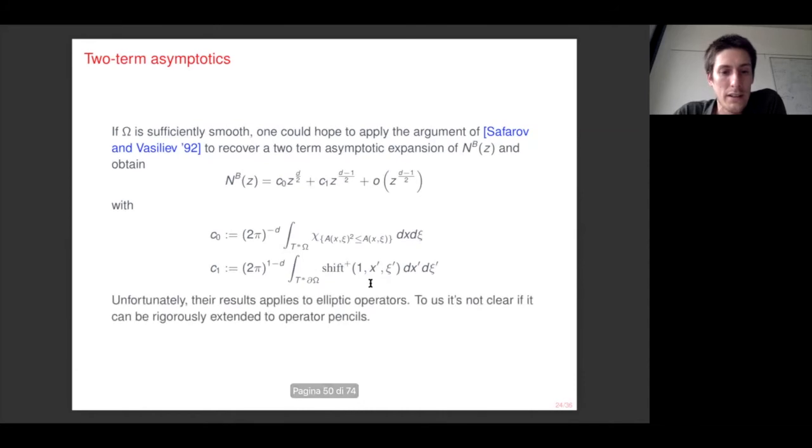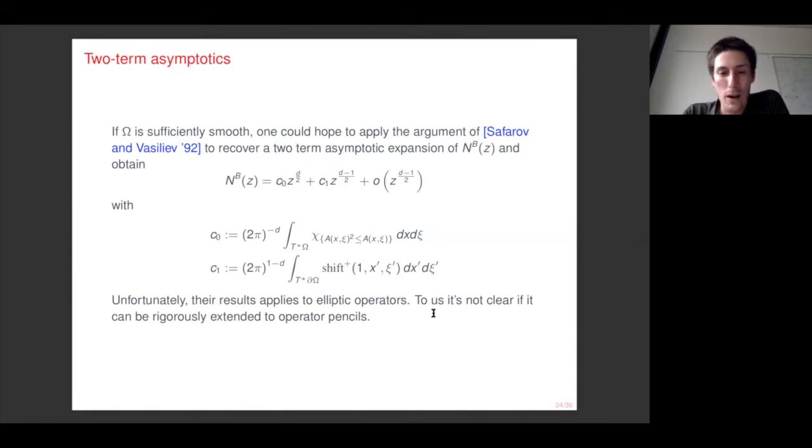However, the results of the book of Safarov and Vassiliev apply to elliptic operators, or at least are stated for elliptic operators and not for eigenvalue problems for operator pencils. And to us, or at least I can speak for myself, it's not clear whether they can be rigorously extended to operator pencils, since honestly, I'm not really an expert on this technique of microlocal analysis.